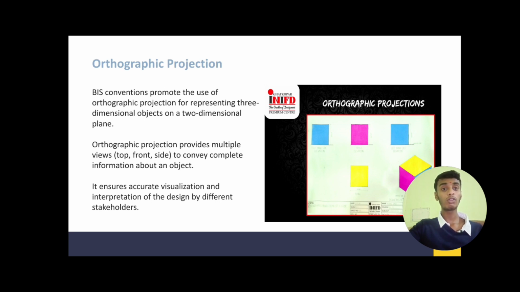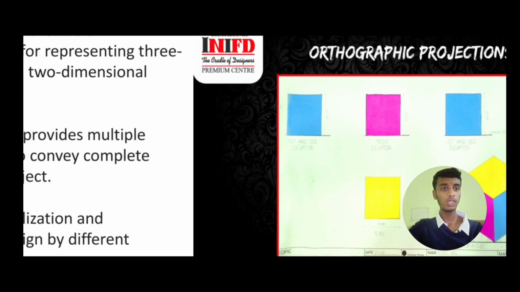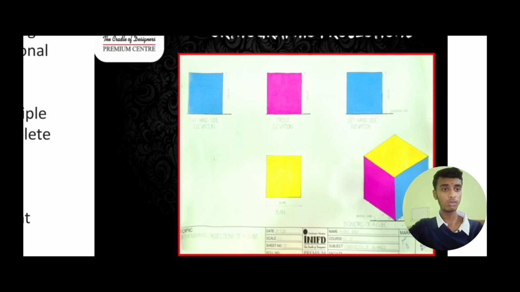Orthographic projection provides multiple views, like a top view, front view, and side view, to convey complete information about an object. It ensures accuracy, visualization, and interpretation of a design by different stakeholders. You can see here these are the views that are done.